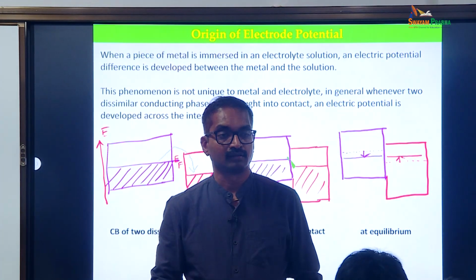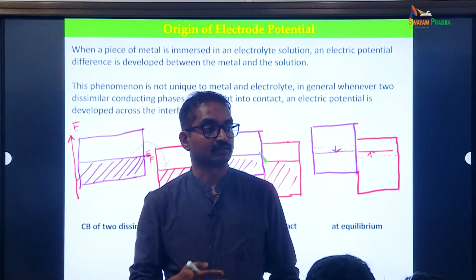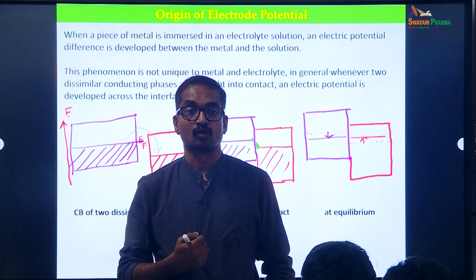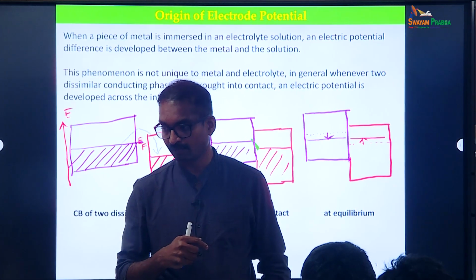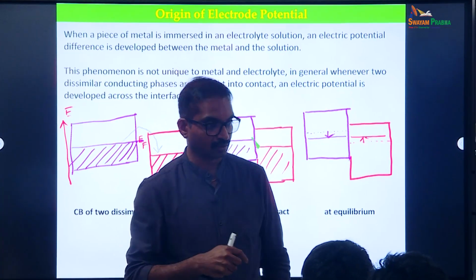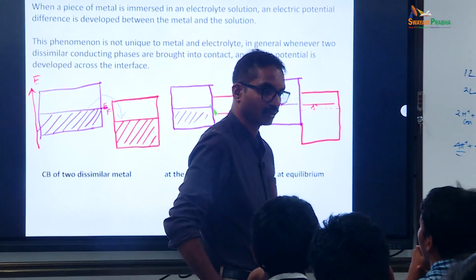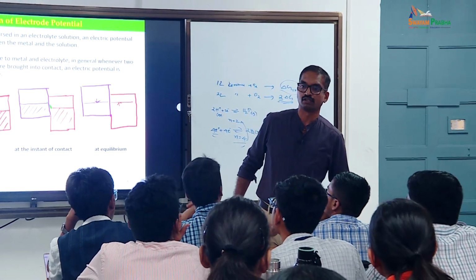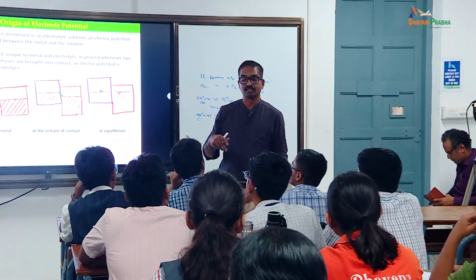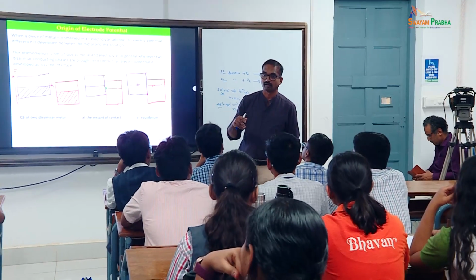So you bring copper and zinc together. If you look at the energy levels within this material, definitely the Fermi level of zinc will be higher compared to copper. Why? Because the work function of zinc is smaller, that means it's more electropositive. That means its energy levels are the maximum level at which you find the electron.